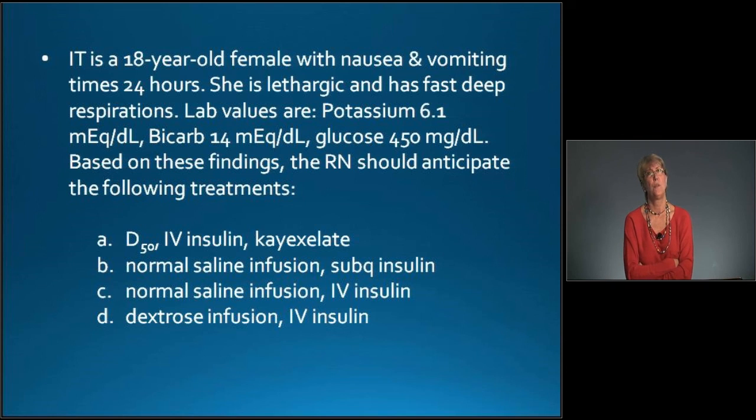So what's going on with this patient? Looking at those lab values, well, bicarb 14, glucose 450, I'm betting this is diabetic ketoacidosis. So you should anticipate orders that we're going to intervene with to be normal saline infusion and then IV insulin, okay?